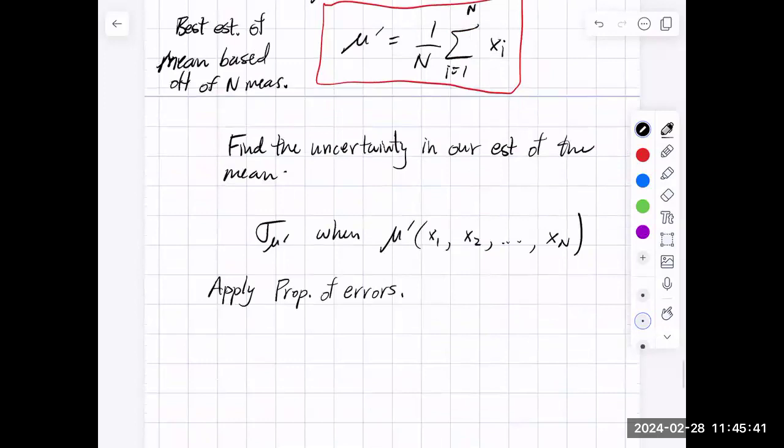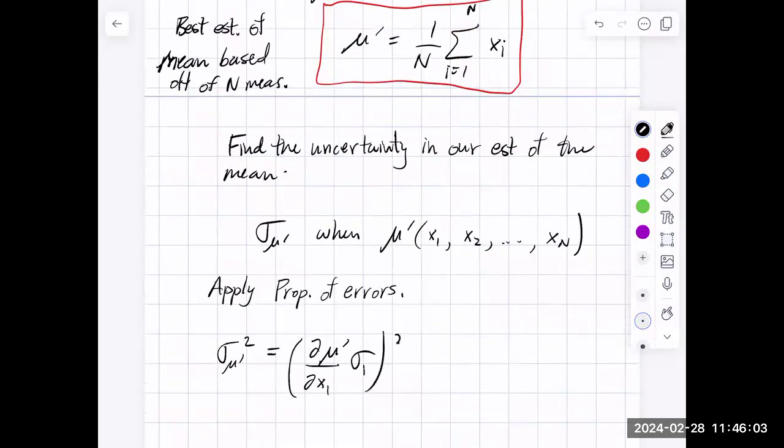Propagation of errors says what we should do to find the square of the uncertainty in mu prime is take the derivative of mu prime with respect to every one of the individual measurements and then multiply it by the uncertainty of that measurement.